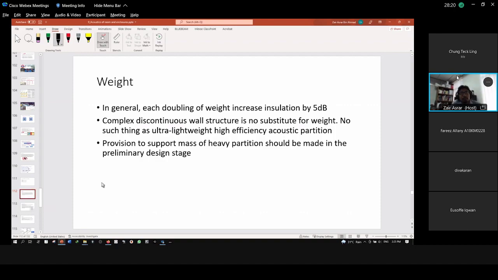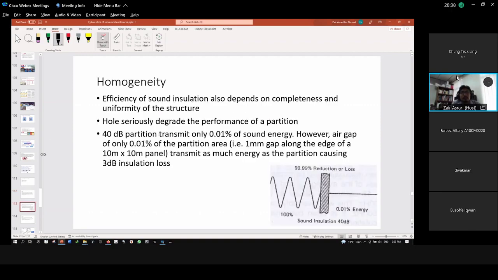So there's no, I would say, one-to-one substitution for weight. It's not possible to have something that's very lightweight, but at the same time very good at absorbing sound.